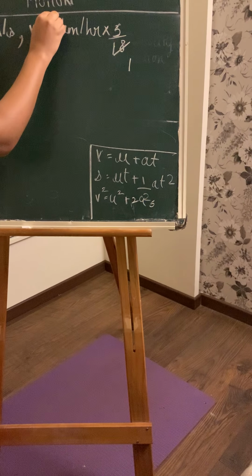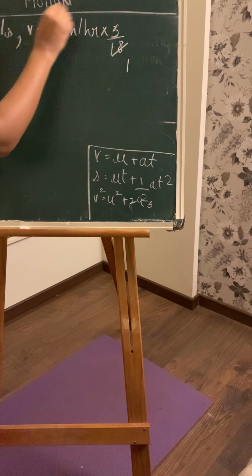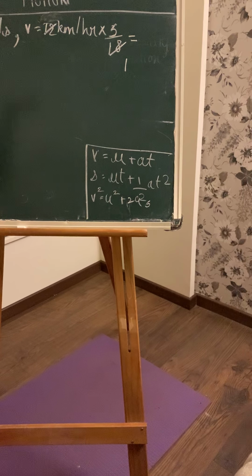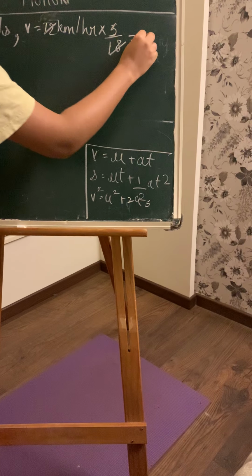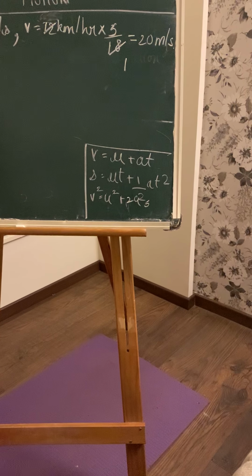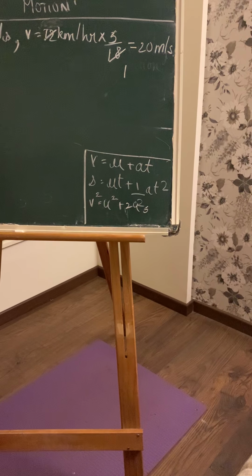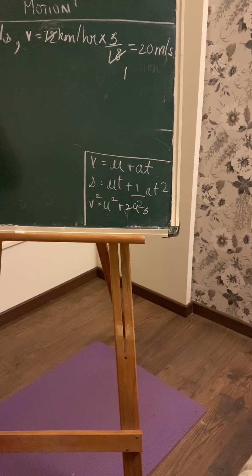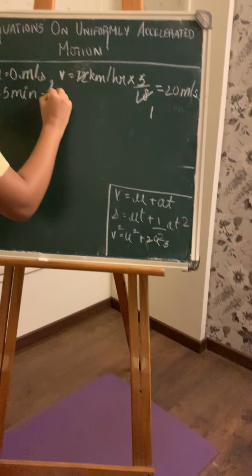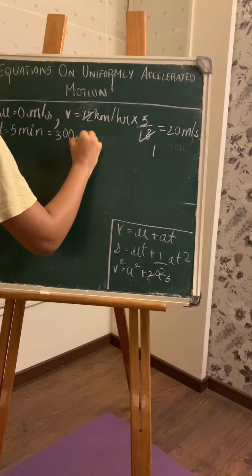On simplification, we get 20 meters per second. So we have our initial velocity and our final velocity, and our time is 5 minutes, which is 300 seconds.